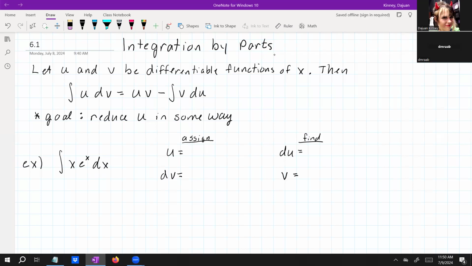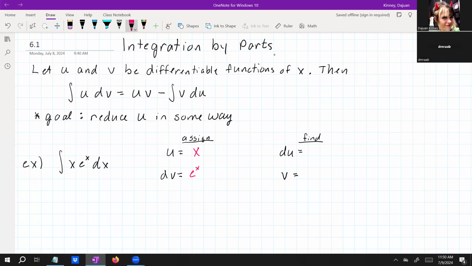Spectacular. If I were to take the derivative of e to the x, I get the same thing back. So reducing e to the x actually isn't possible. Typically, when you have an e to the x, that's going to be your dv. So I'm going to say my u is x, my dv is e to the x.